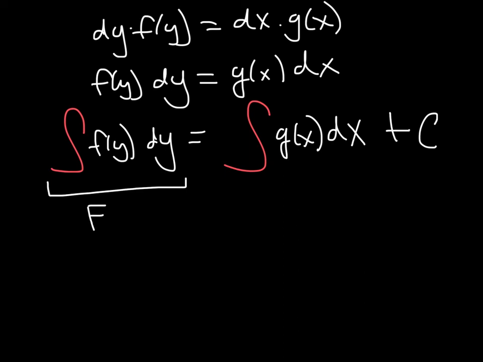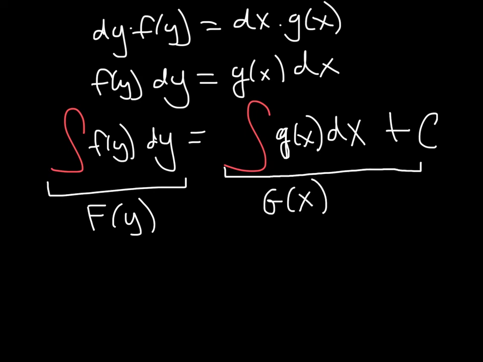So we can call this capital F of y. Your book calls it F of y. We have our little g here, so this is going to be called our capital G of x. If you had a capital T or little t of x, it would be capital T of x. So this is the big picture for separable equations, and I'll go ahead and do some examples in the next few videos.